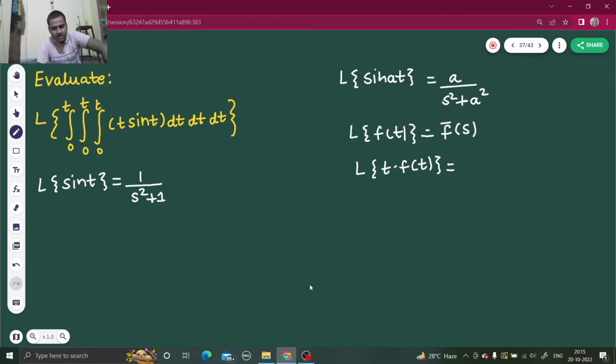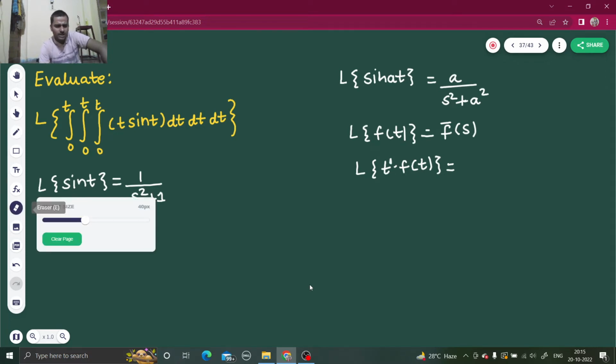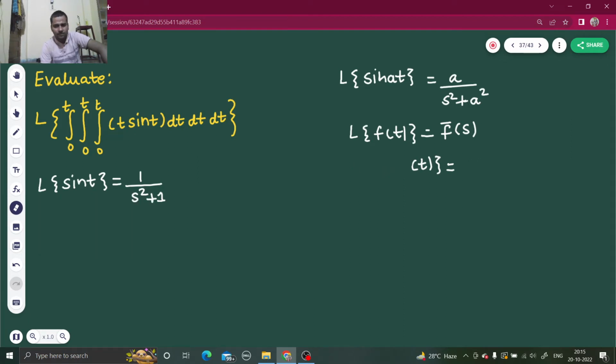Let's discuss the general formula so that it becomes clearer.